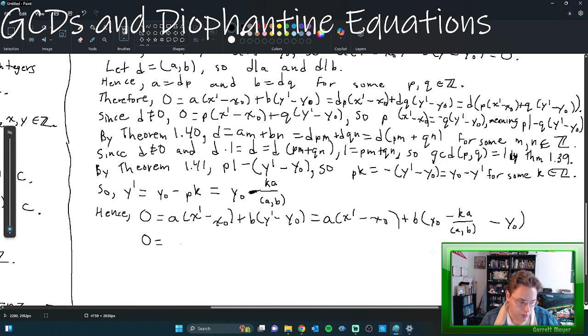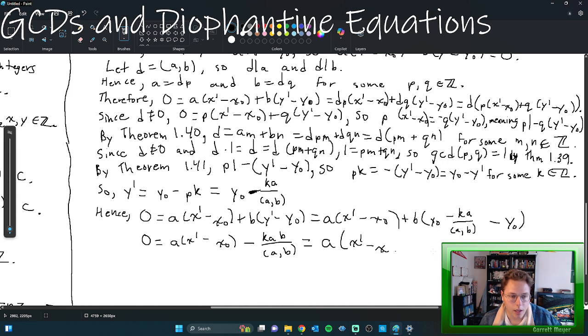So 0 equals a(x' minus x0) minus, so these two terms cancel, minus kab over the GCD of a and b, which also equals a times (x' minus x0) minus kb over the GCD of a and b.